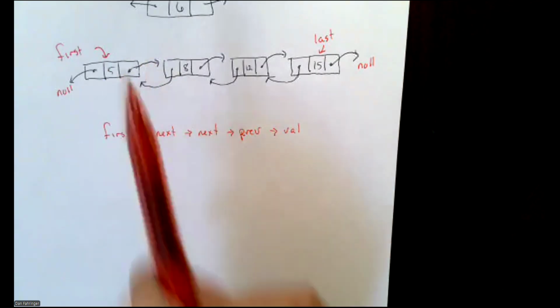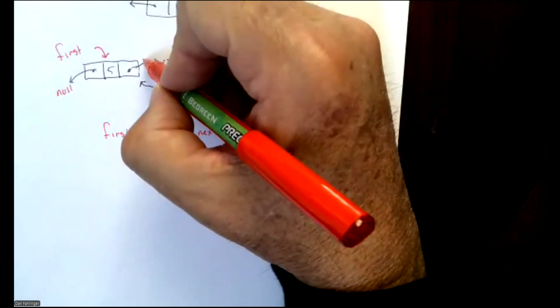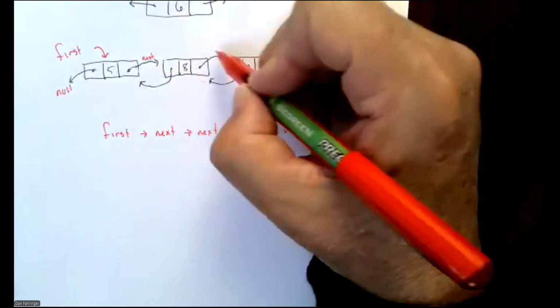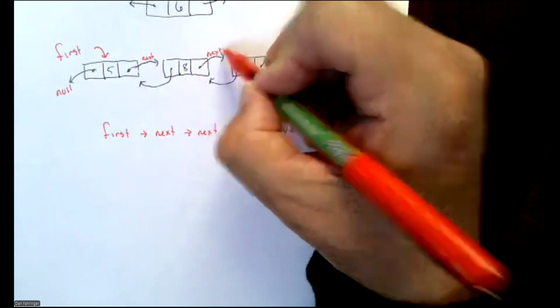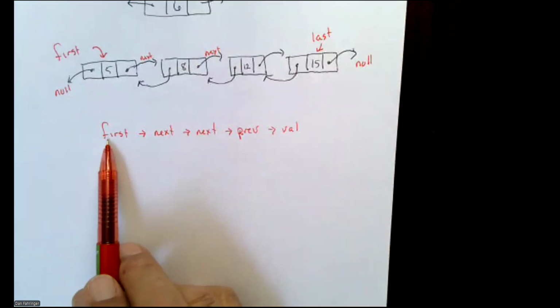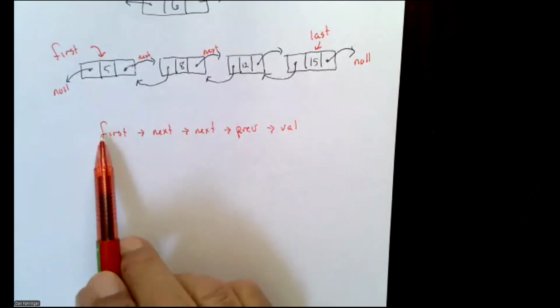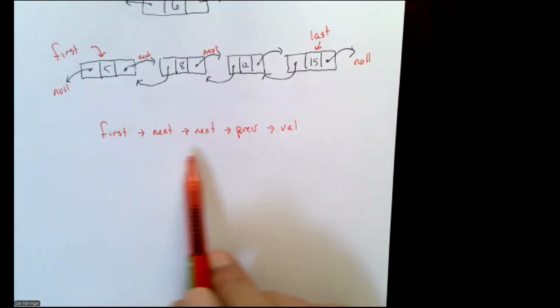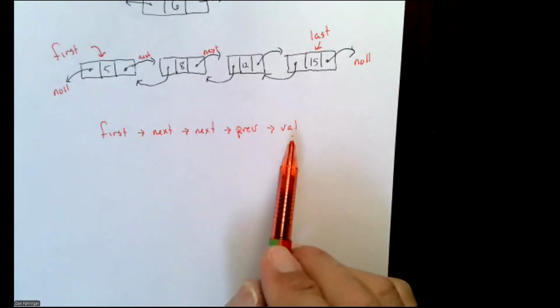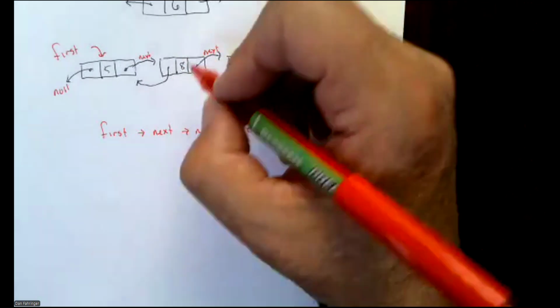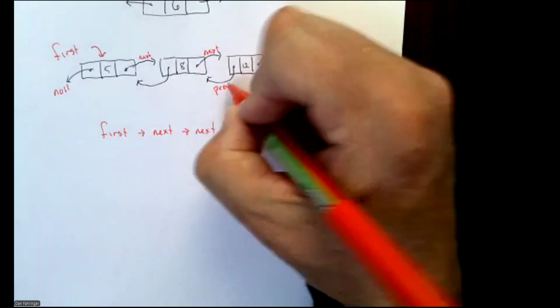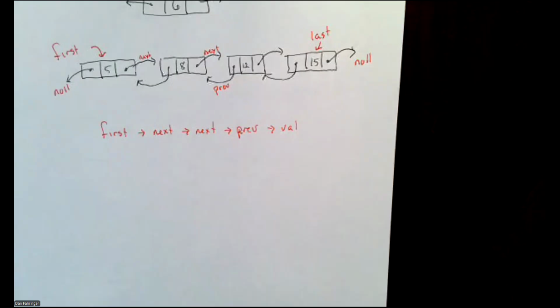First next, that's this guy right here. Then that guy's next. Remember, address, address, address. And then it would get me back to that value. So this would be the prev that goes with it. Good. We're starting to get better with this.